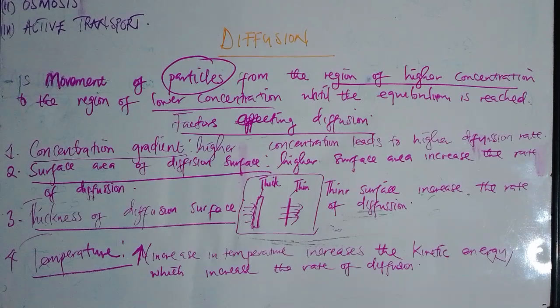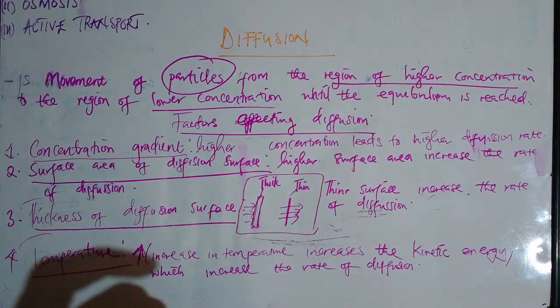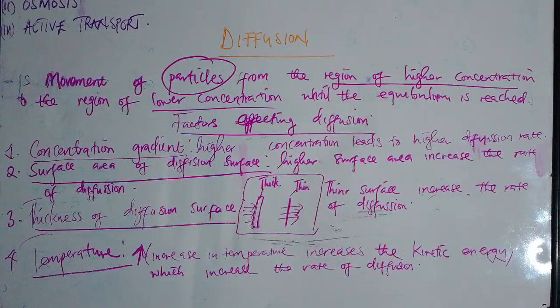So what have we covered so far? I've looked at diffusion. We have defined what diffusion is: the movement of particles from a region of higher concentration to a region of lower concentration, meaning particles will move to where they are not present.